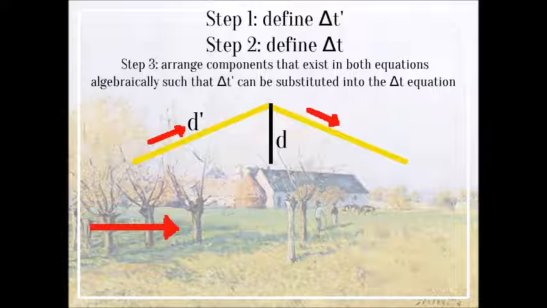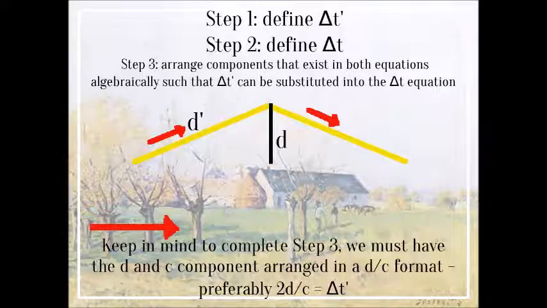And that entails that when defining delta t, we utilize the components that are universal to both vantage points or both Cartesian coordinate systems, namely the vertical d distance that's between the flashlight and the mirror, the up and down d distance, and the speed of light as notated by the letter c.